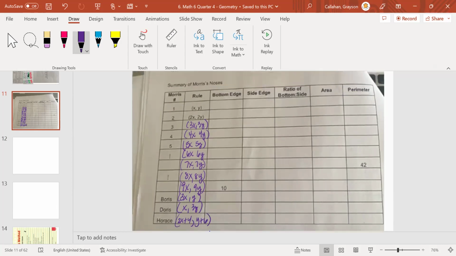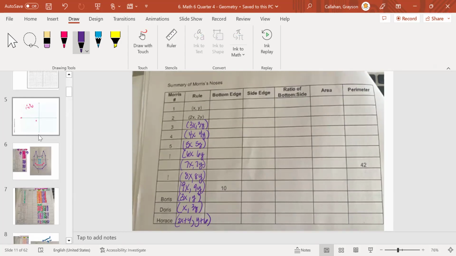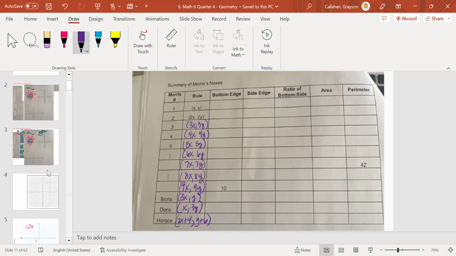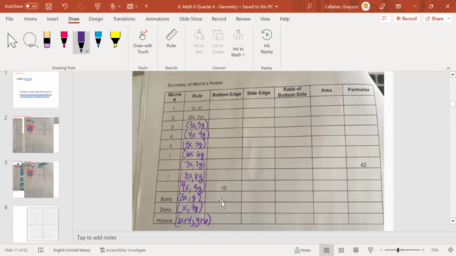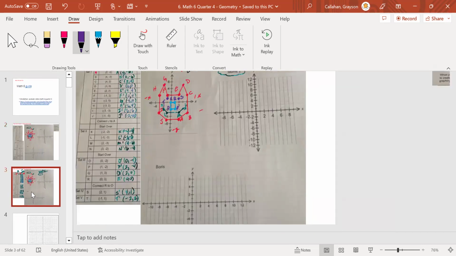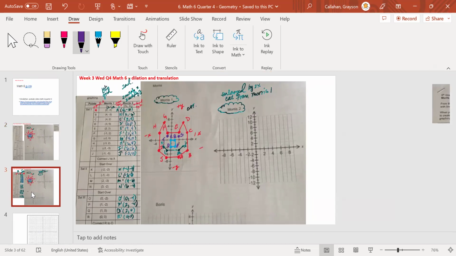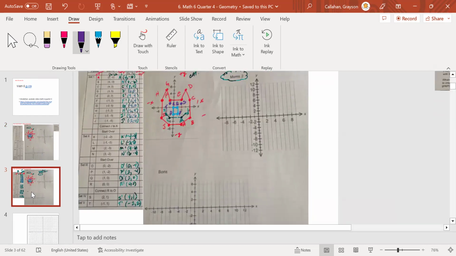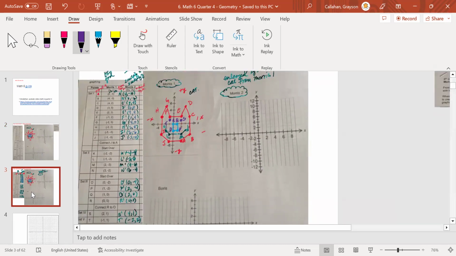All right. Bottom edge. Which one does she talk about with bottom edge? I'm not sure here. Let's try Morris. And it's bottom edge.